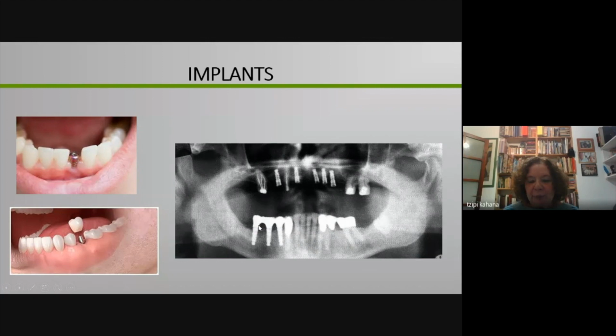Basically, a tooth has been lost, and we've waited until we have some bone in there, or sometimes we don't have to wait, and we put in a metallic post that on top of it we will attach a metal ceramic crown, usually metal ceramic, yes? So you can see these are fixed prostheses, and these are implants in which we don't have a tooth.